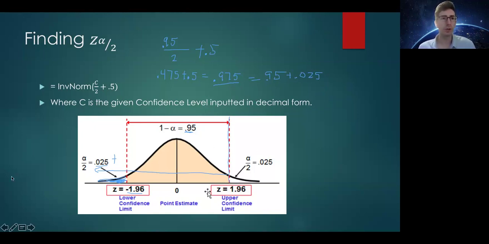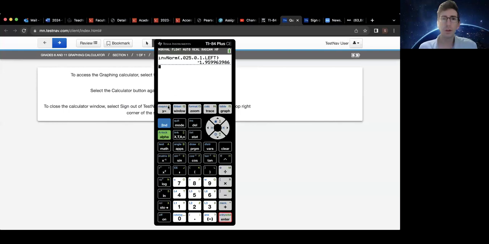So we can do this as well, right? If we plug 0.975 into our inv norm. You can go back to 2nd and Vars, go back to option 3 for the inv norm. Instead of 0.025, now I'm going to plug in 0.975.